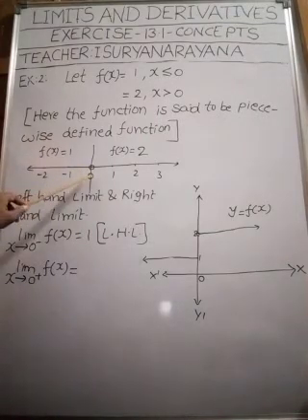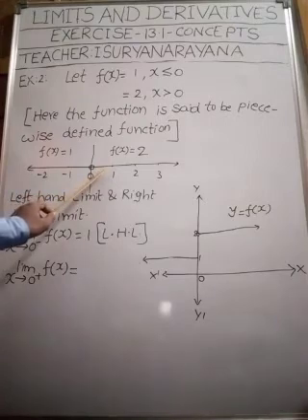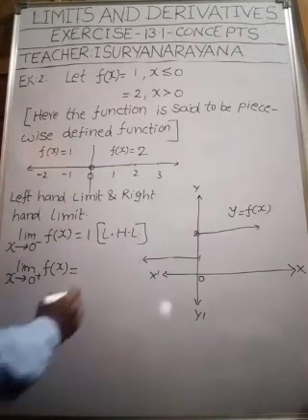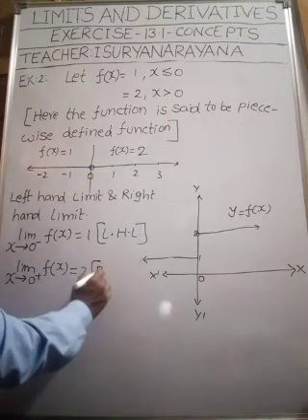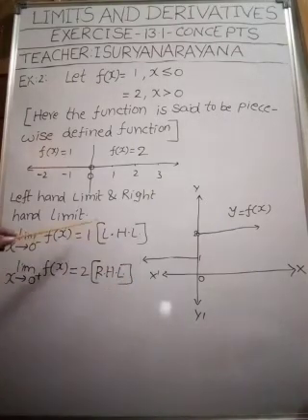So we say that here x is approaching 0 from the left. In this case we say that x is approaching 0 from the right. So in this case, what is the function value? 2. This is called the right hand limit of f of x as x tends to 0.